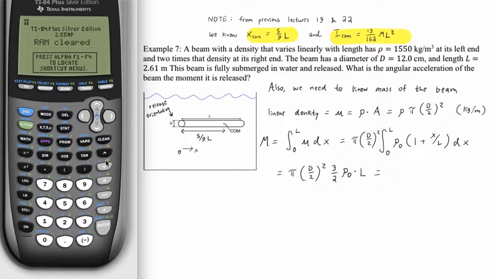So let's do this. Pi multiplied by 0.12 divided by 2, and that's going to be squared, multiplied by 3/2.